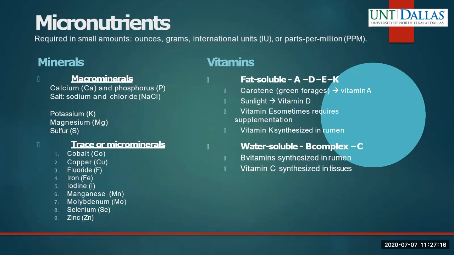However, deficiency signs include difficulty in walking, skeletal abnormalities, or some reduced reproductive efficiency. Talking about cobalt, which is a micromineral, it's needed by the microbes present in the rumen to synthesize vitamin B12, but is usually adequate in most feedstuffs.